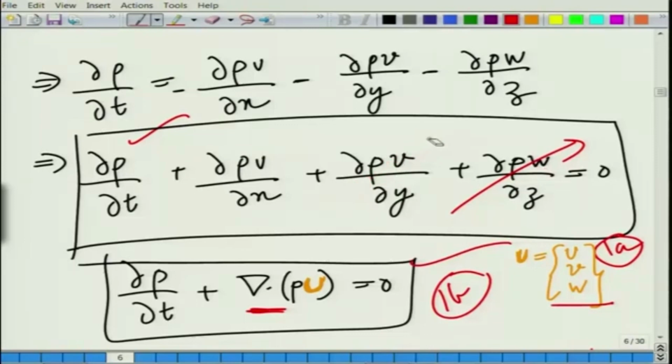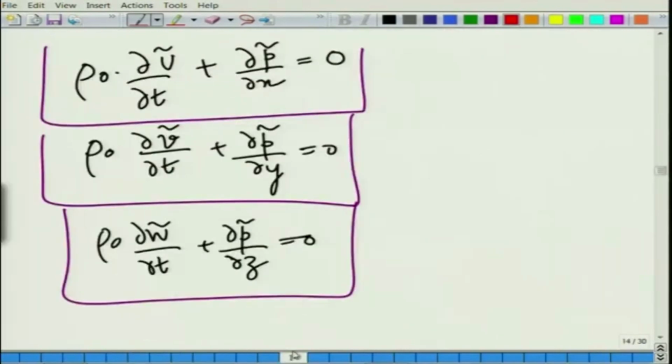they are there. So, we can easily show that rho is again rho naught plus rho tilde, and v and w are nothing but v tilde and w tilde. The flow is considered only along the x direction, let us say. When we do all those things, we will get the following equation. Let me write it somewhere here. This would become rho tilde times this plus rho naught into del dot u, where u is nothing but the vector, is equal to 0.